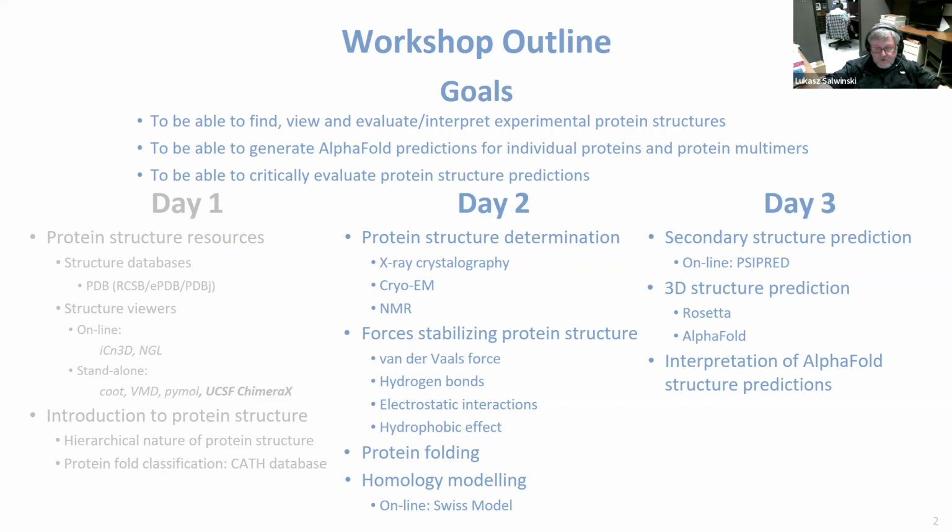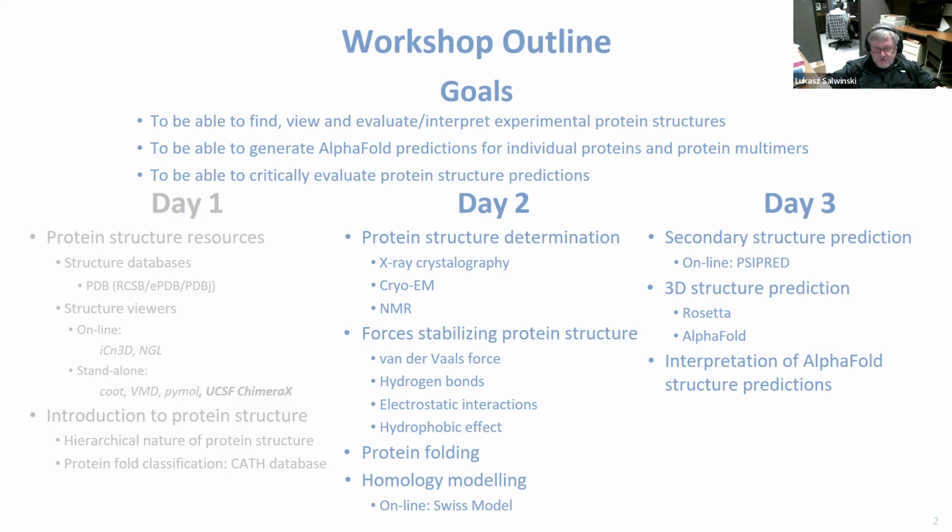We'll continue with a couple of words on how we learn about protein structures, and then what determines the way they look. And then we'll squeeze in a little bit of protein structure prediction, the simplest case, homology modeling. We'll try to see how the Swiss Model website works.